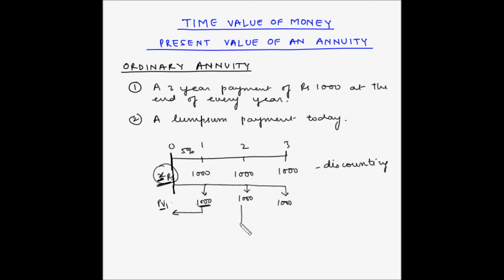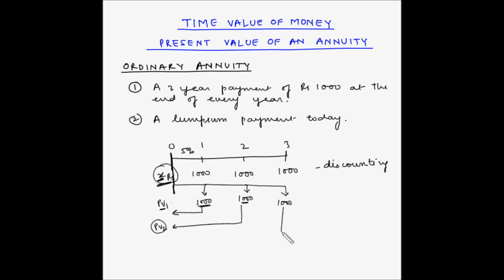Next we have to find what is the present value, so PV2, of this 1000 rupees that we get after 2 years. In other words, what is this value which in 2 years time frame at 5% interest rate per annum compounded annually will get converted into this 1000 rupees.